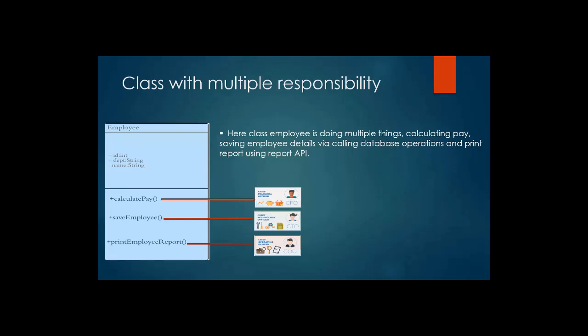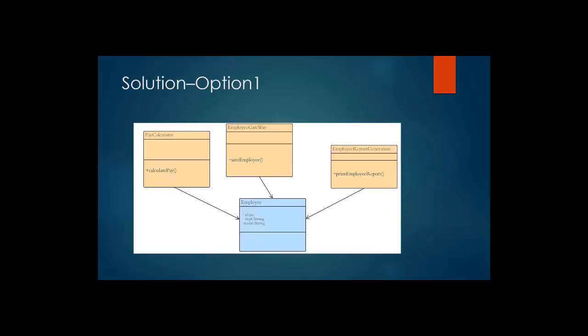The solution we'll be looking at is the refactored code, breaking the Employee class into different manageable classes as shown: one to calculate pay, one to save employee data, and one for employee report generation. And these classes have a reference to Employee.